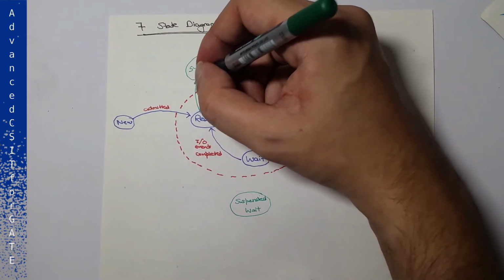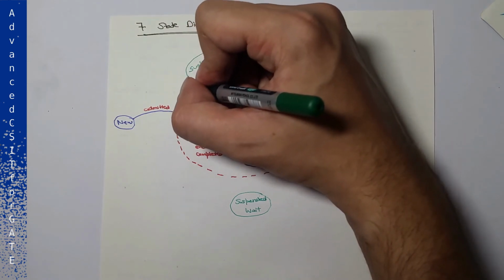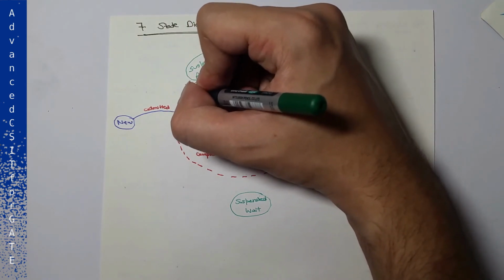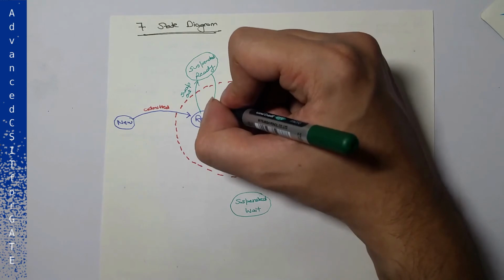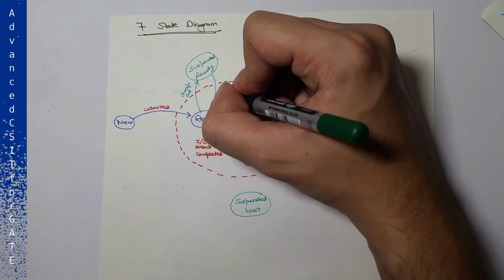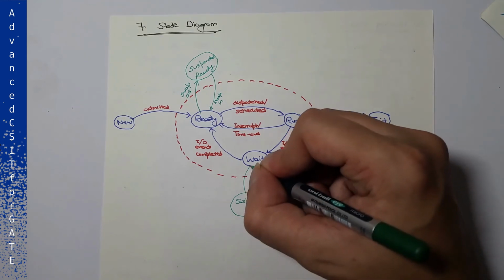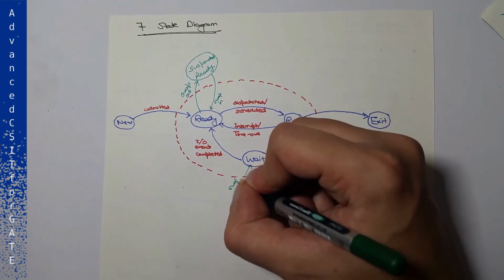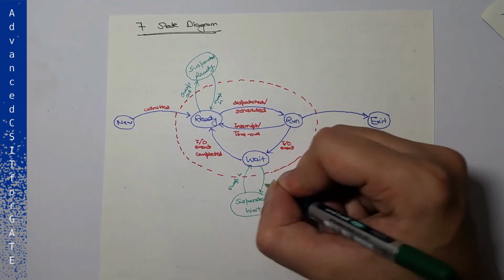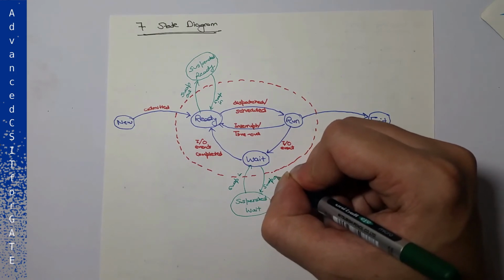Going out of main memory to secondary memory is called as a swap out. Similarly, going from secondary memory to main memory is called swap in. Similarly for suspended waiting, swap in and swap out.